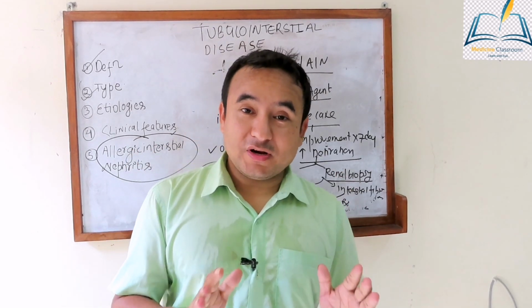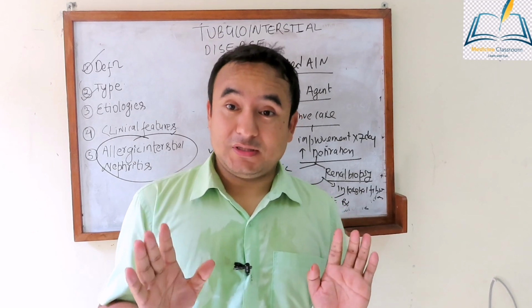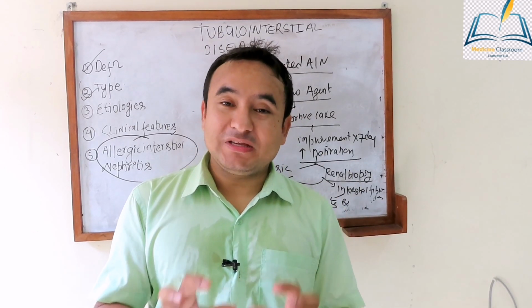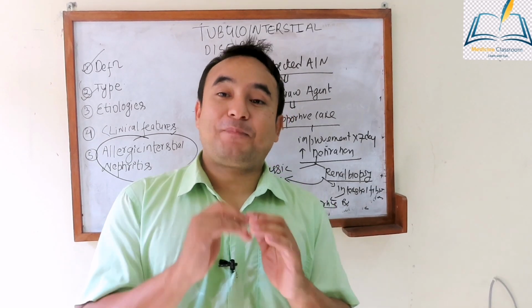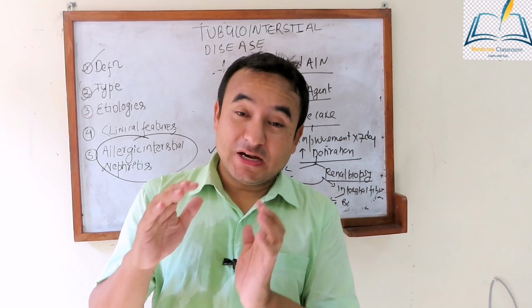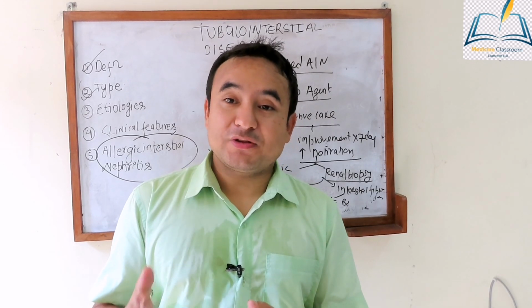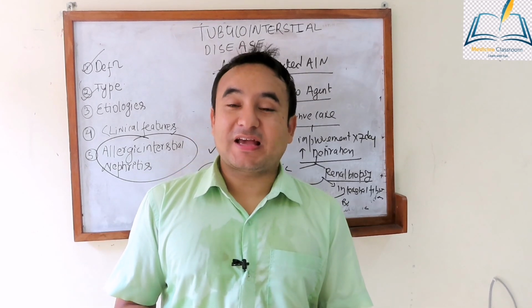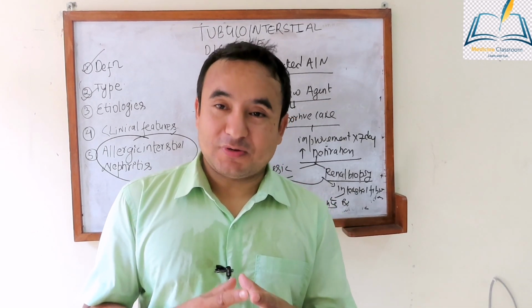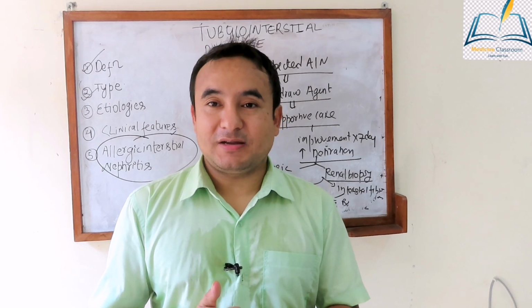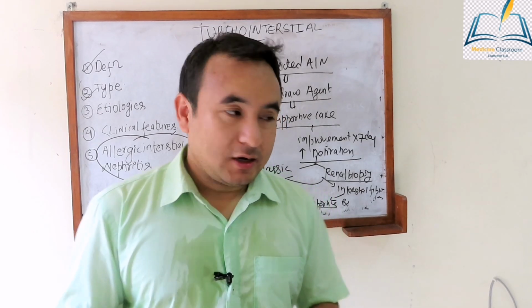The common cause of chronic is reflux nephropathy. Common presentation of acute is oliguria, anuria, flank pain and rapidly rising urea and creatinine. The chronic form is relatively indolent, usually presenting with polyuria and features of tubular dysfunction, with different electrolyte problems. We have also discussed allergic interstitial nephritis.